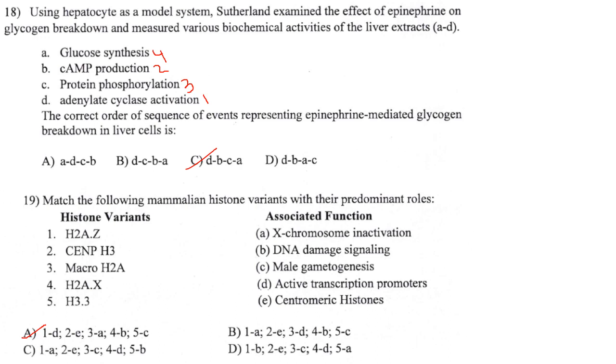H2AX, it is DNA damage signaling. Answer is option B. And H34B. H33 is 5C, male gametogenesis. So the answer here is option A. 1D, 2E, 3A, 4B and 5C.